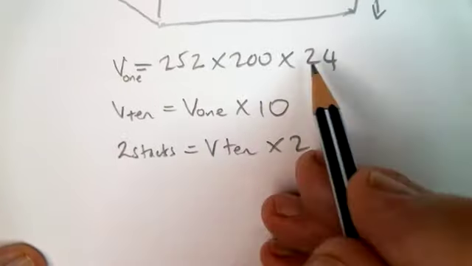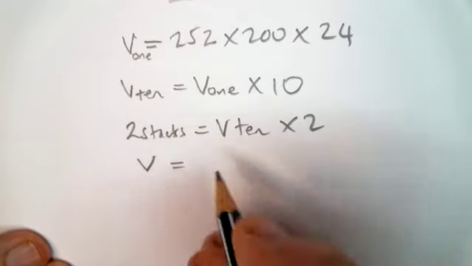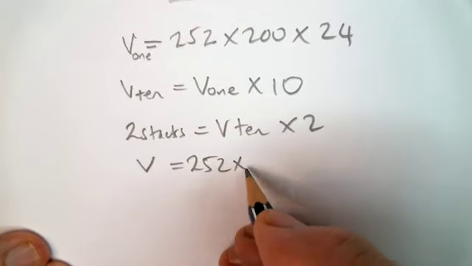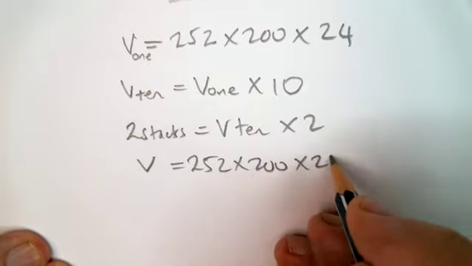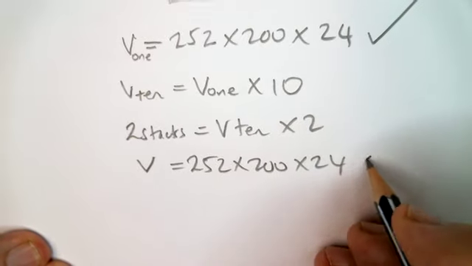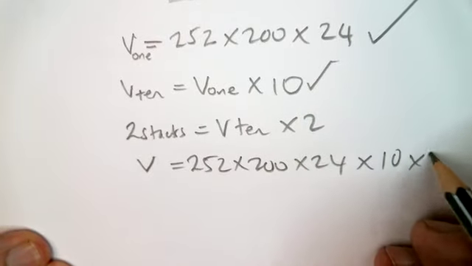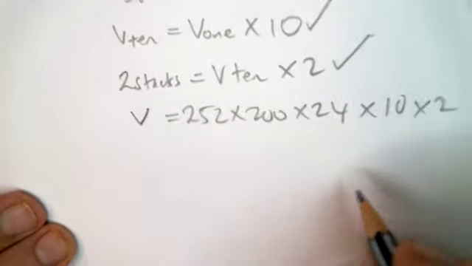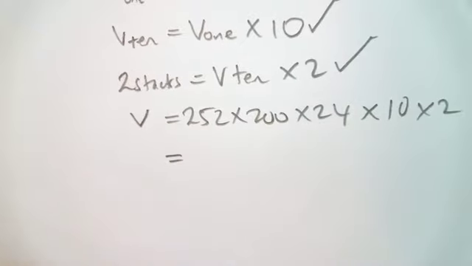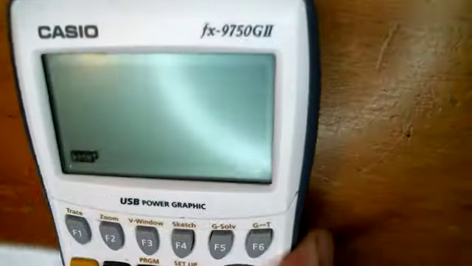So the volume is 252 times 200 times 24, times 10, times 2. Let's see where we land with that. I'm not going to do that in my head, I'll use the calculator.